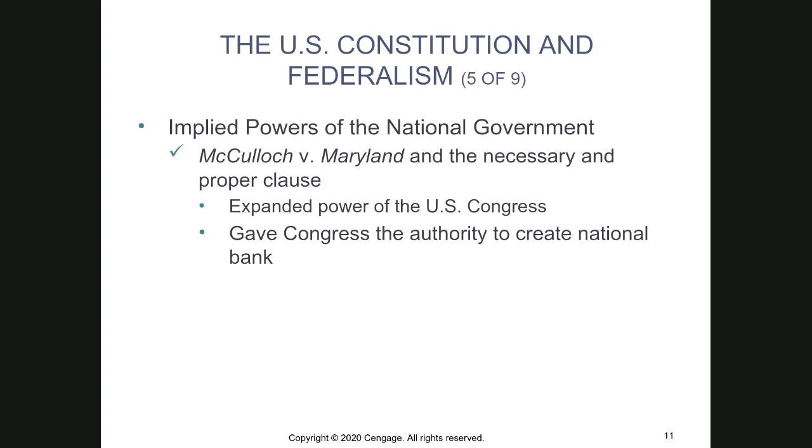Since for the online semester we're trying to closely track with the textbook, we won't go into them too fully, but if you're interested, you might look up the case of Wickard versus Filburn, or the Heart of Atlanta Motel Company case. Those all deal with the idea of expansion of federal power.